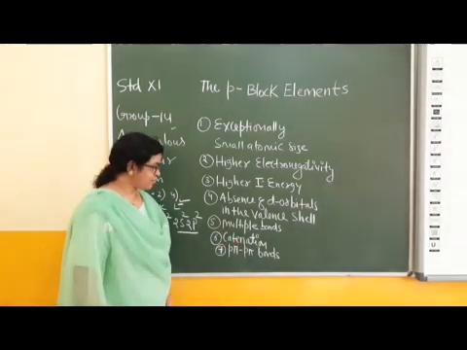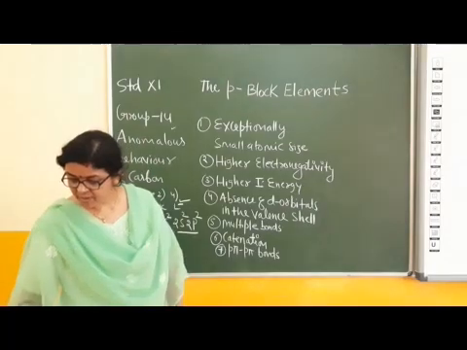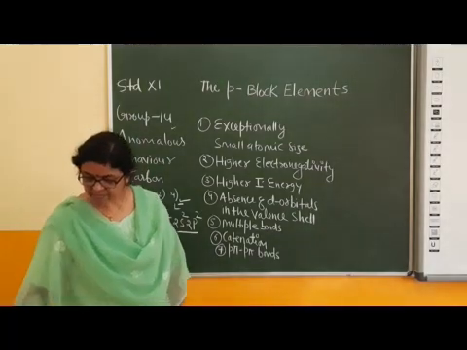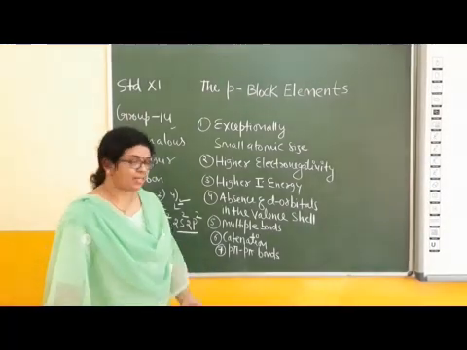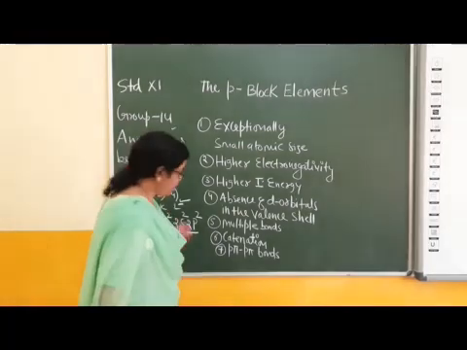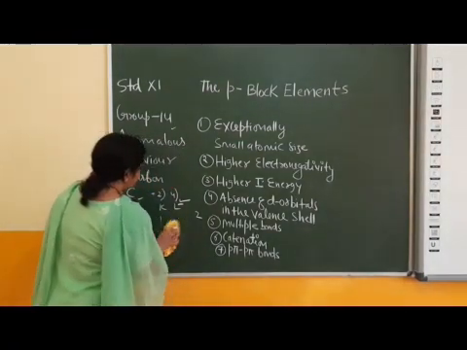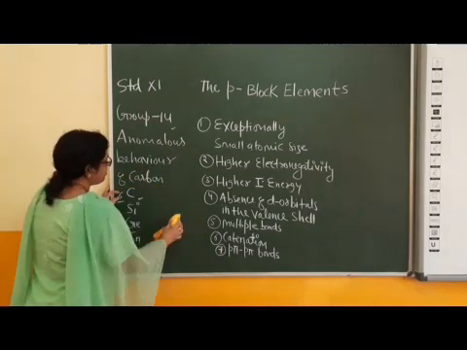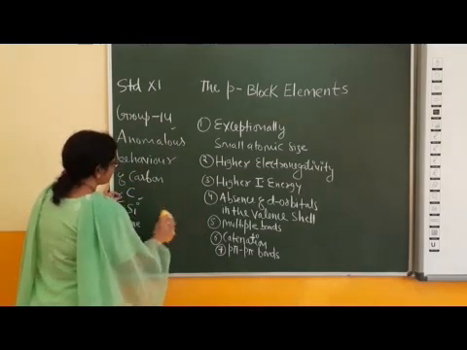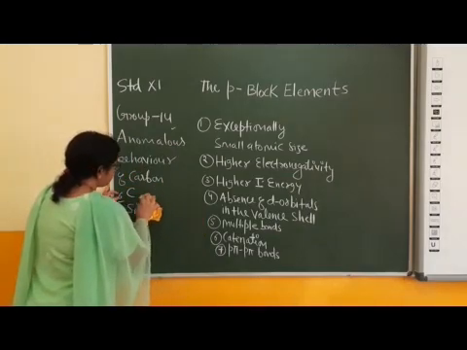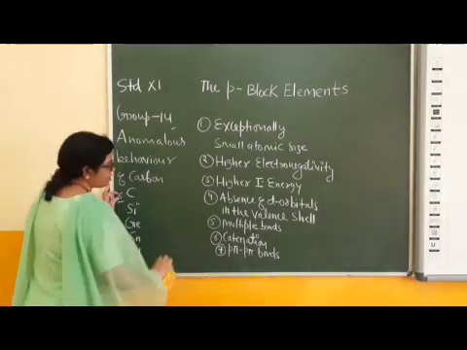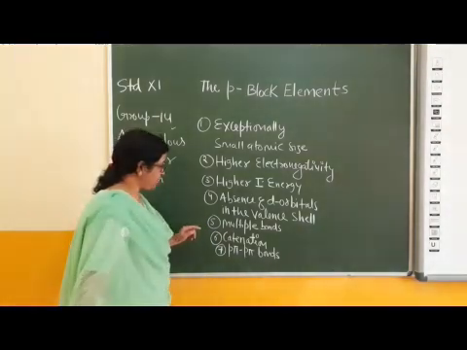Next is multiple bond character, the formation of more than one bond. This is due to its small size, or the formation of p pi bonds. Overlapping of p electrons forms a pi bond, which is called a p pi bond.